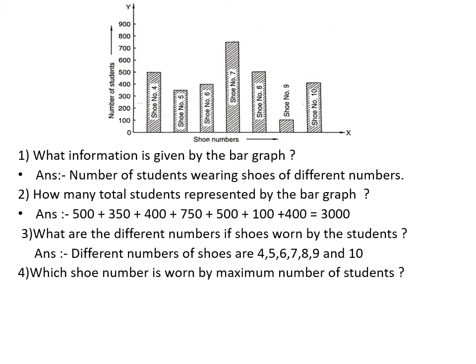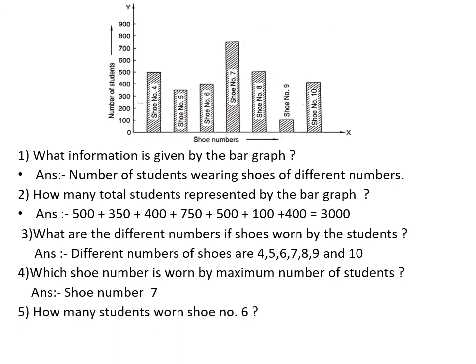The height of the bar shows you the maximum and minimum number of students. Here the maximum height is shoe number 7. So the answer is shoe number 7 is worn by the maximum number of students because the height of this bar is greater than the others.